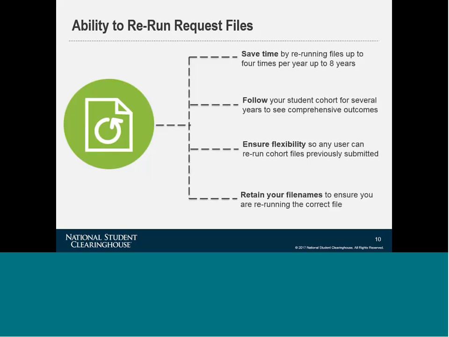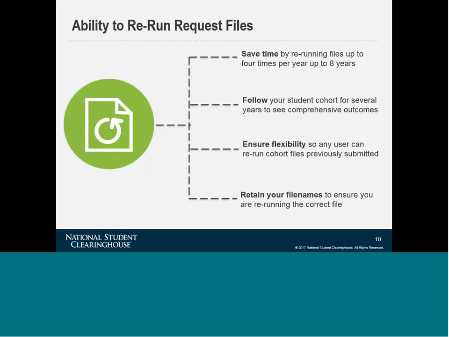Therefore, these files will be available from July 2016 files forward, and you will have the ability to pull up to 8 years and rerun those files up to 4 times per year. In many cases, we've heard that this allows the flexibility so that any user across campus with access to StudentTracker can rerun cohort files previously submitted.